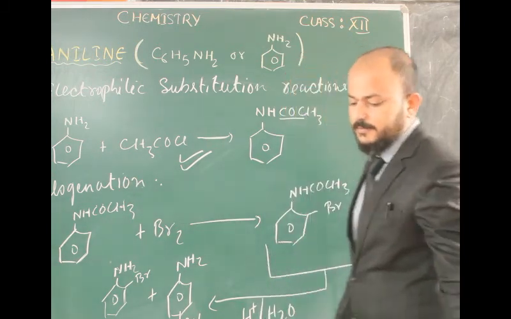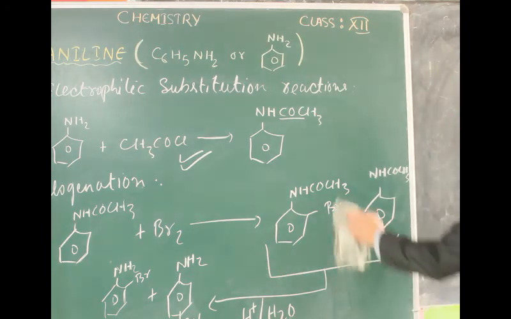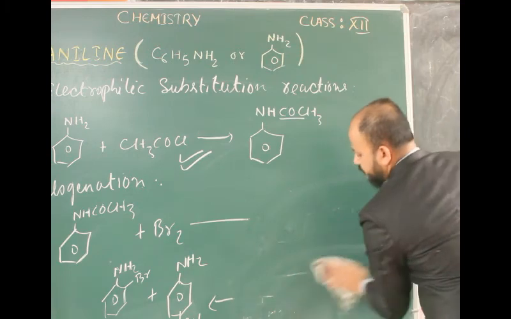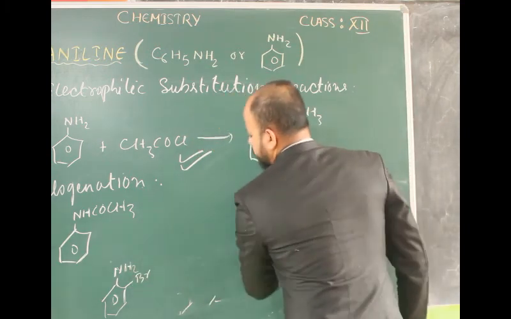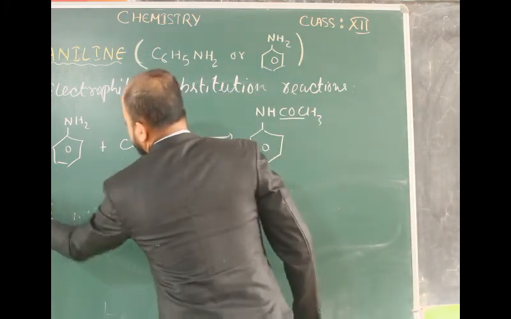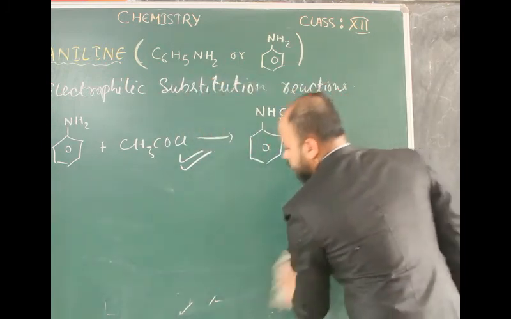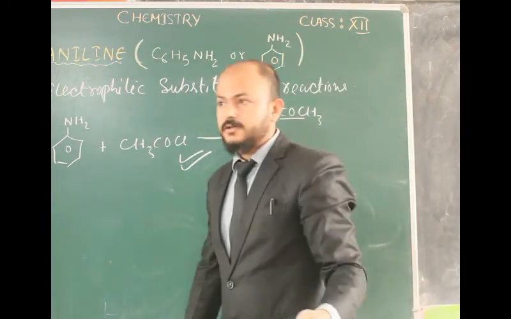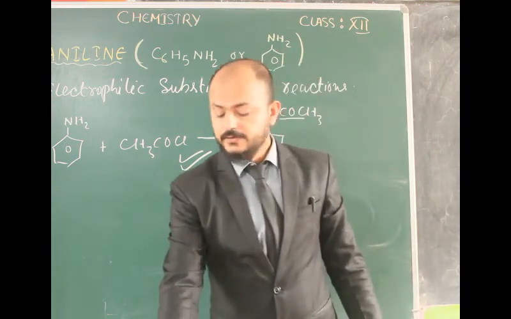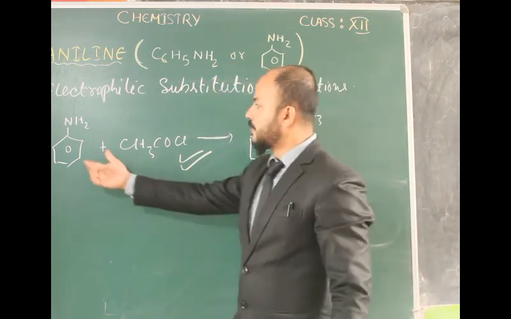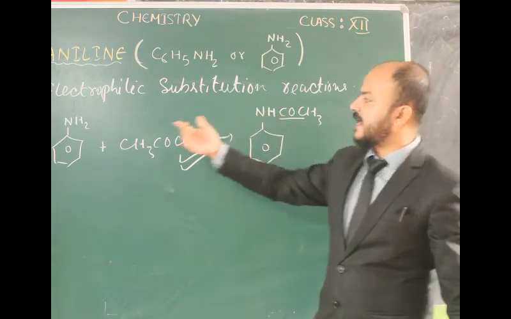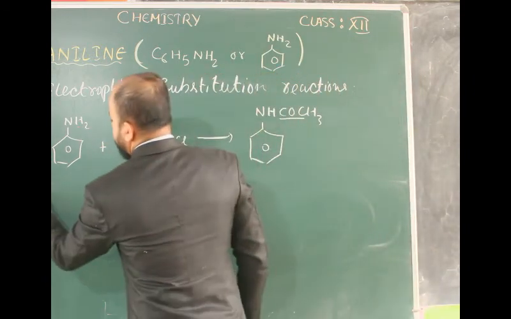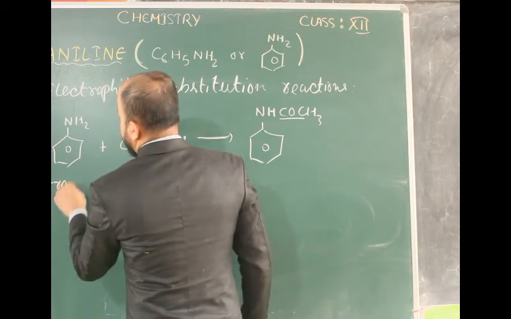So now let's discuss nitration. Concentrated nitric acid is a very strong oxidizing agent. So here also, at first you have to convert this aniline into this group, and after that you have to carry out nitration.